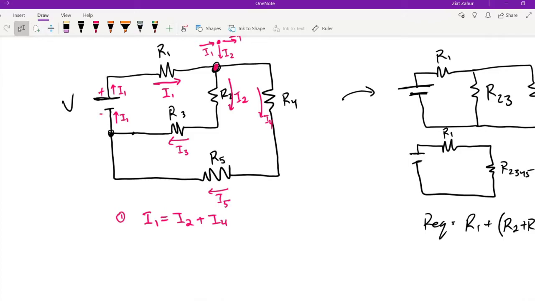We don't have to use that many variables. Basically, I2 is equal to I3, so we can replace I3 with a bunch of I2s. And then we also know that I4 is equal to I5, so we can replace all the I5s with I4. Okay, so we have less variables to deal with.